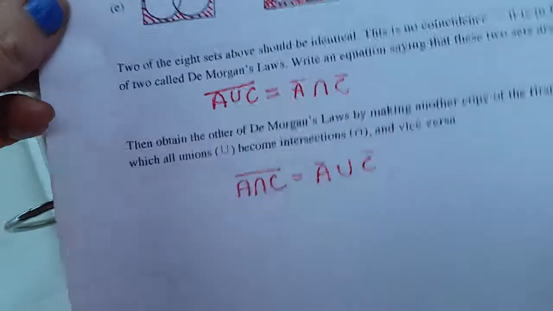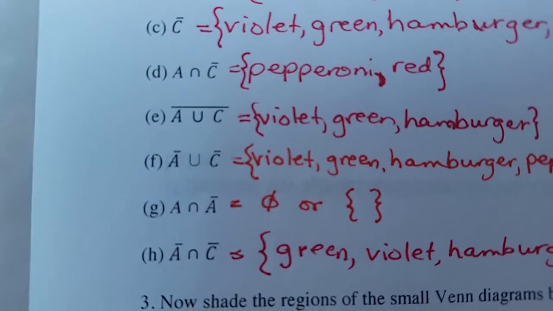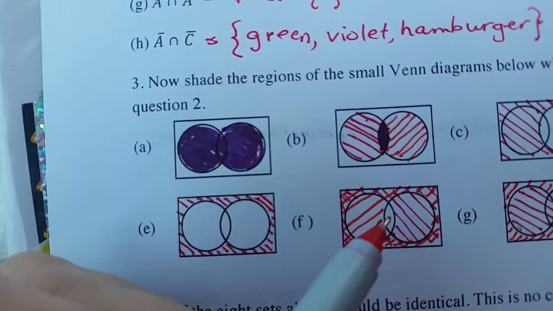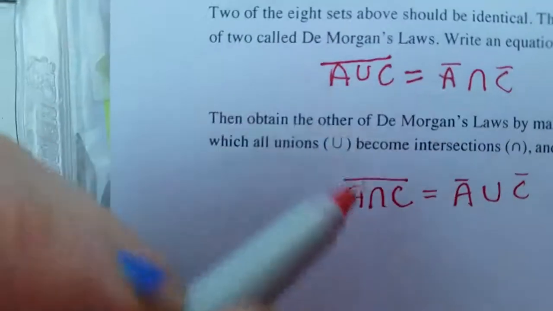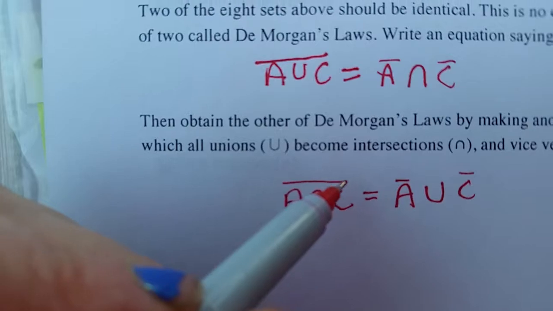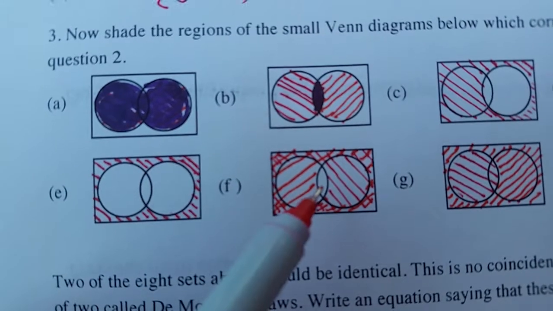And I'm looking here to see F is that A complement union C complement. So if we look at this one here, that was everything except the intersection, wasn't it? Now, if you look at what that original statement is, it's the intersection, but not. So you look at A intersect C and you take everything except that. If you look at F, that's exactly what that is.